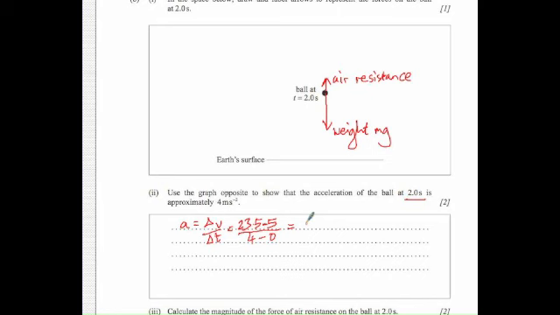Which to two significant figures is 4.6 meters per second squared. Maybe my tangent was not drawn very accurately, but it is approximately 4 meters per second squared.